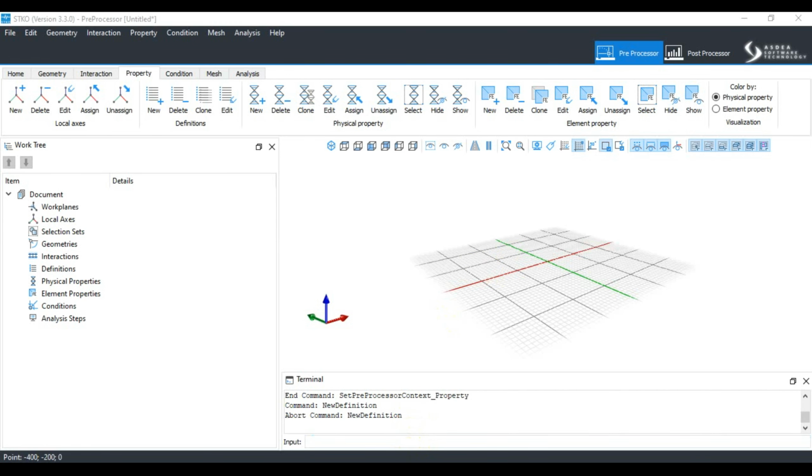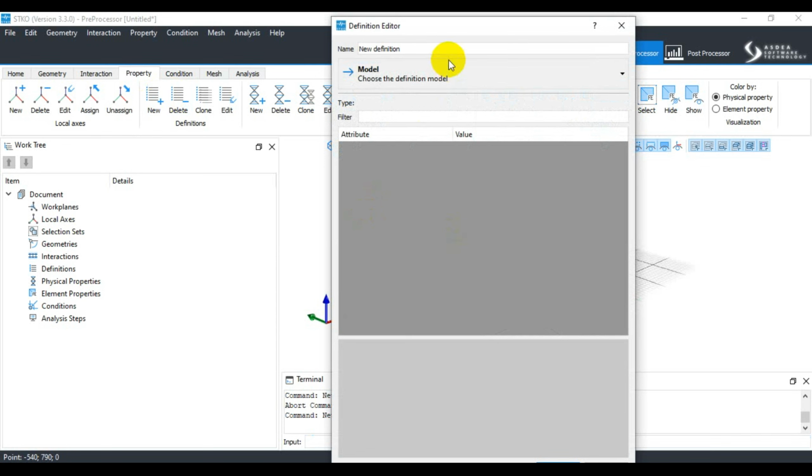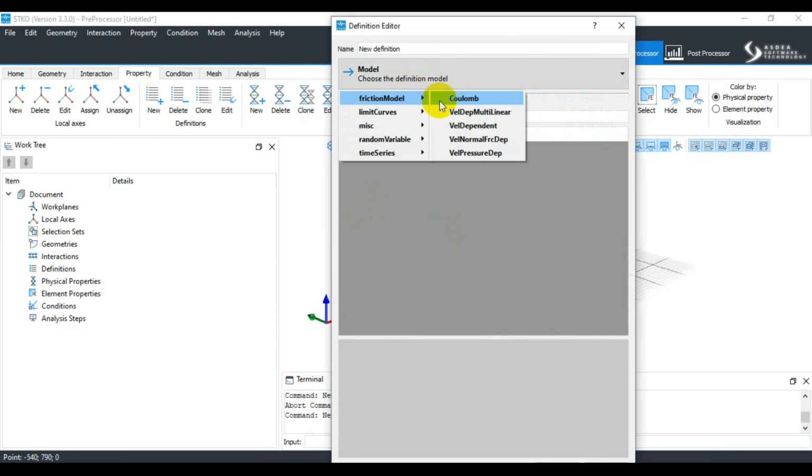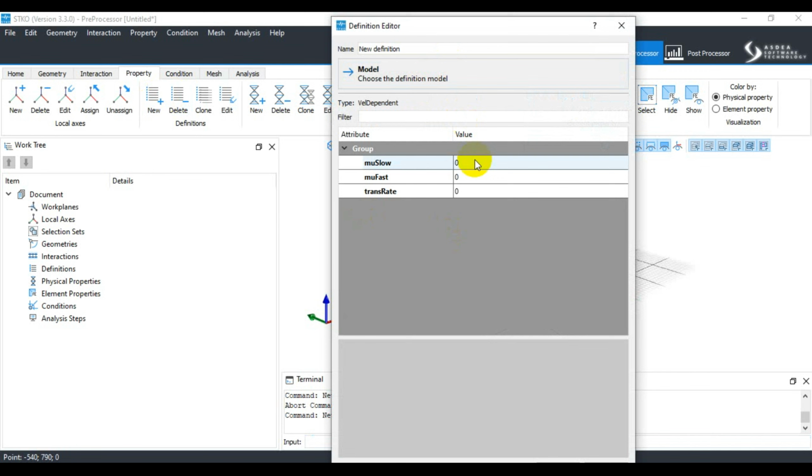Hi everyone, in this video I will continue the discussion on the definitions, and at this point I will define the velocity dependent friction function.